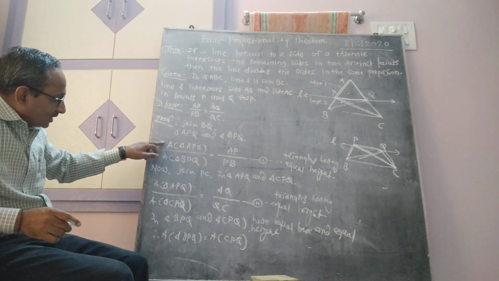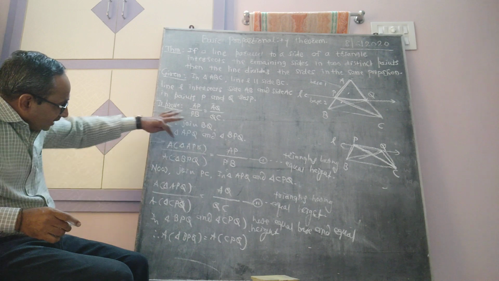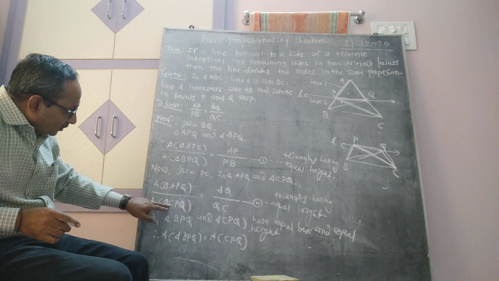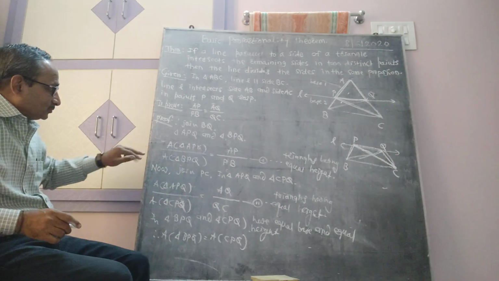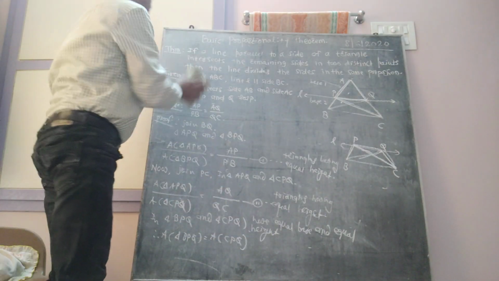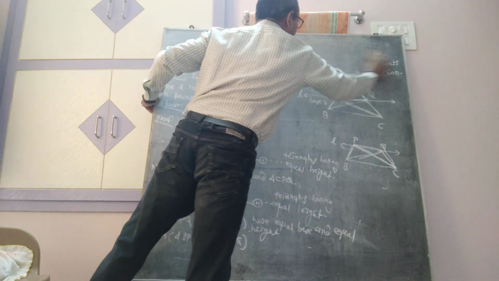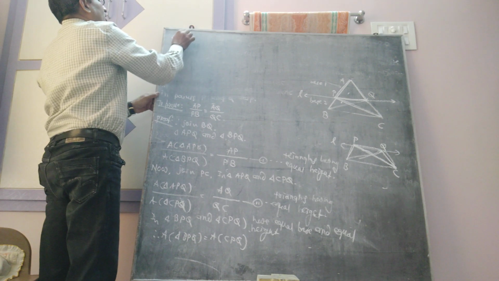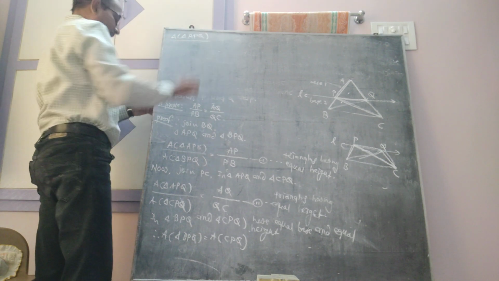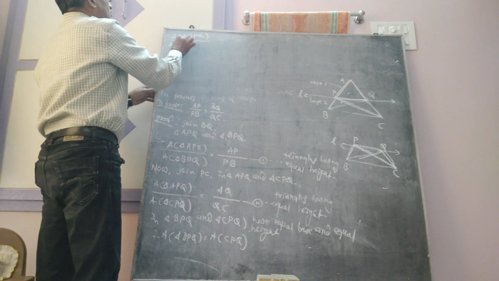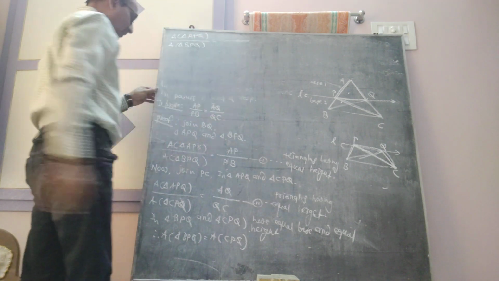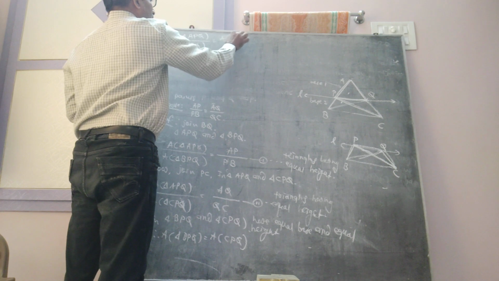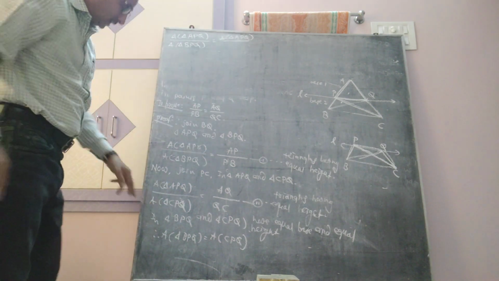If we put these values in equations 1 and 2, we observe that triangle BPQ and triangle CPQ have equal areas, and so we can write area of triangle APQ upon area of triangle BPQ is equal to area of triangle APQ upon area of triangle CPQ.